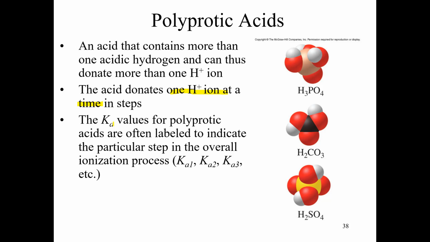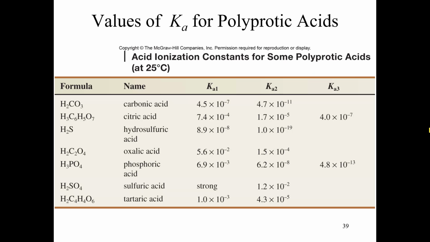And therefore, the Ka values for these are different, so we label them to indicate which step in the overall process we're alluding to. So we have Ka1, Ka2, Ka3, and so forth. If you look at this table of some commonly known polyprotic acids, again, you don't have to memorize this, you just need to know how to use these numbers.